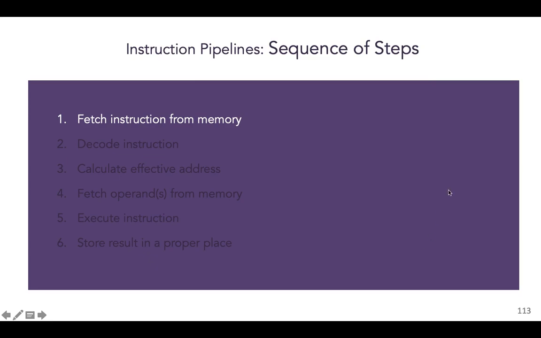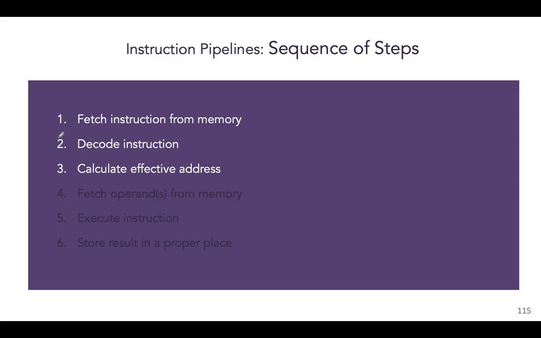Next, we're going to take a look at how to design a very simple instruction pipeline, just like we did in the case of the arithmetic pipeline, just a design example. But before we do that, we have to take a quick look at the sequence of steps involved in an instruction cycle. So the first step is to fetch the instruction from the memory. The second step is to decode the instruction. This step tells us what this instruction is all about, what we actually have to perform now.